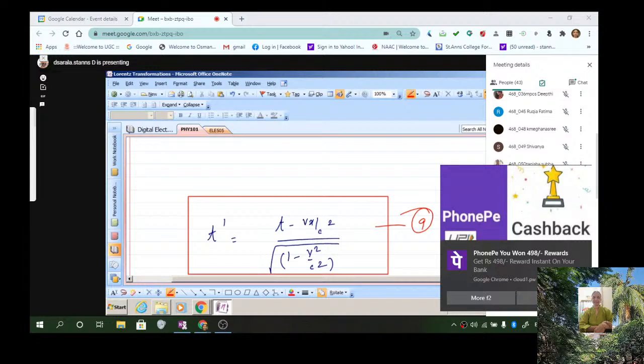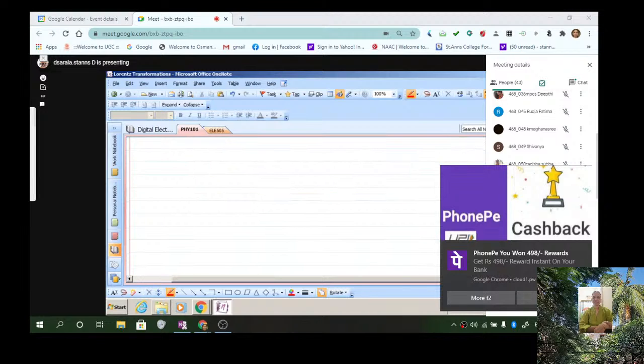So, what are these equations? Equations starting from x dash, y dash, z dash, t dash are referred to as Lorentz transformation equations. So let us write them all together.